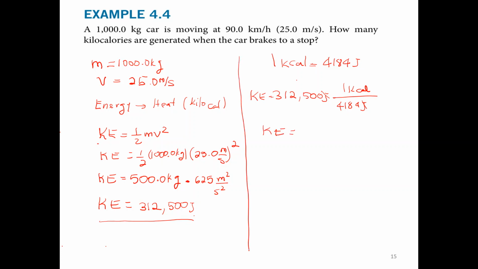Then we multiply by 1 and divide by 4,184, and we get 74.7 kilocalories. Then the kinetic energy that is converted into heat is 74.7 kilocalories.